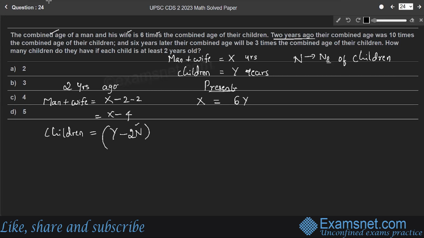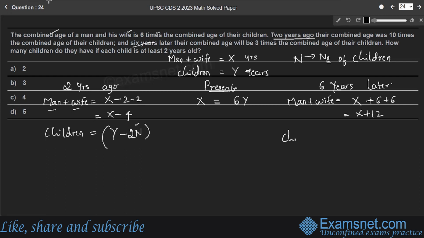Now it is given that 6 years later. We'll consider their ages 6 years later. So man and his wife's age: at present it is X. 6 years later there are 2 persons, so X plus 6 times 2, which is X plus 12.